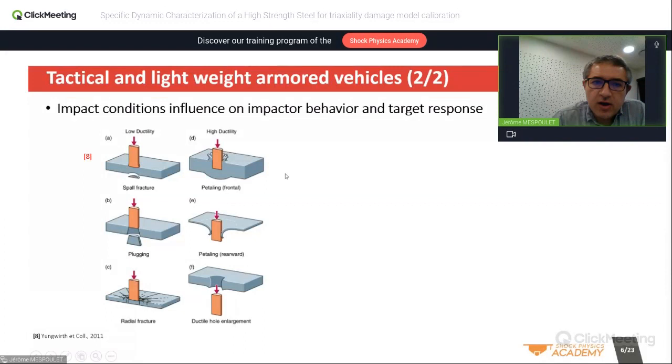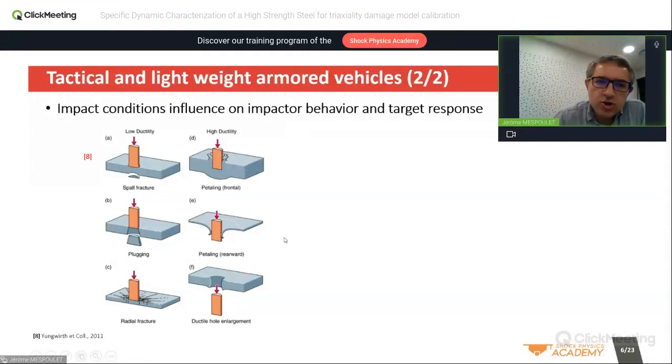If the material has high ductility, we are more talking about the frontal side of the panel. Depending on the dimension and the materials, you can have some plugging, some shearing appearing here, and some petaling at the rear if you have ductile materials. And you can also have some radial fractures or a ductile enlargement if you have a ductile material.